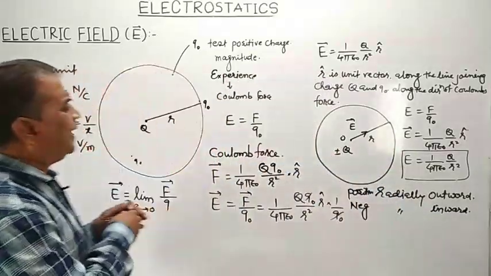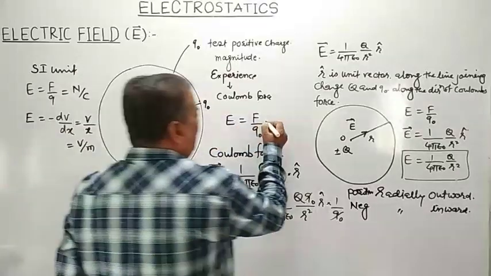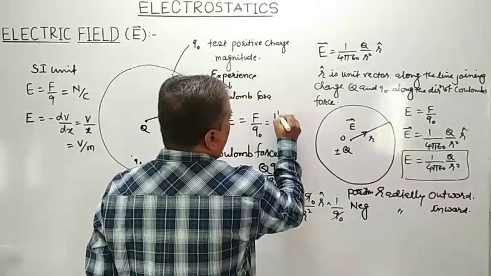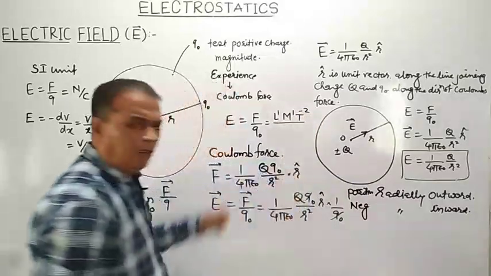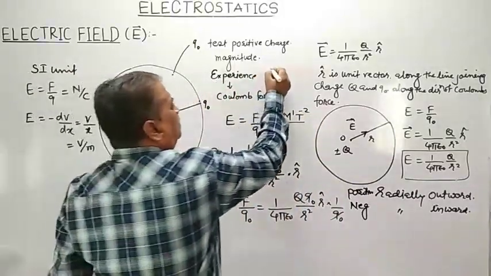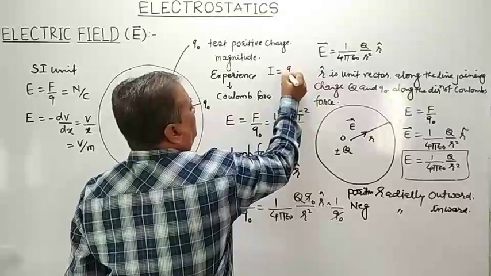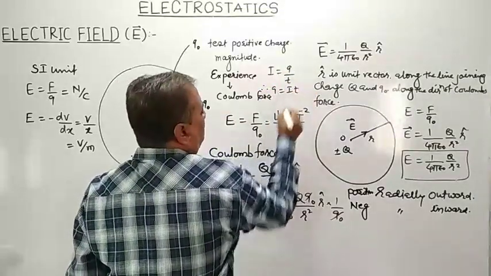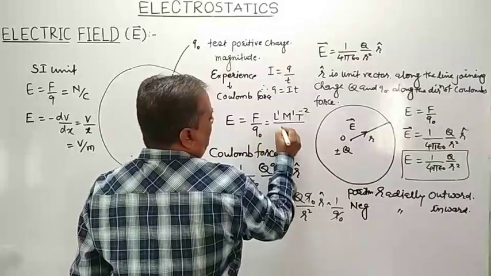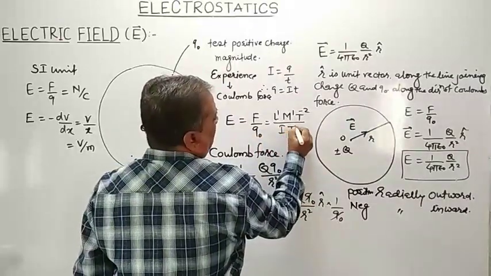Now, you can find the dimensions. What are the dimensions of force? 1 in length, 1 in mass, minus 2 in time. What are the dimensions of charge? From the definition of current, I equal to Q by T. So, Q is equal to I into T. So, the dimensions of charge are I1, T1.